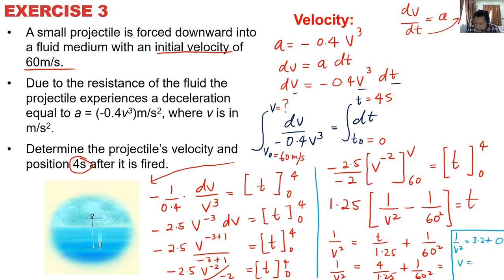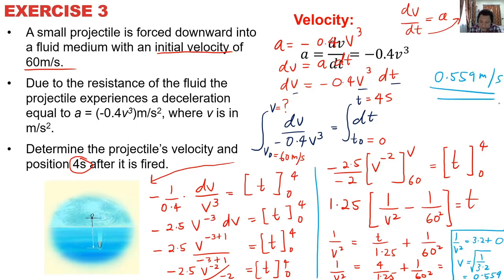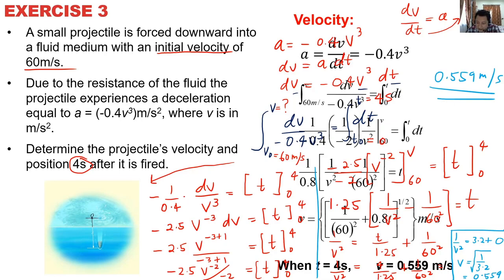So v is equal to 1 over the square root of 3.2. Yes, that's right. You're going to get the value as 0.559 meter per second. This is the value. Let's check the answers. Yeah, okay, 0.559.